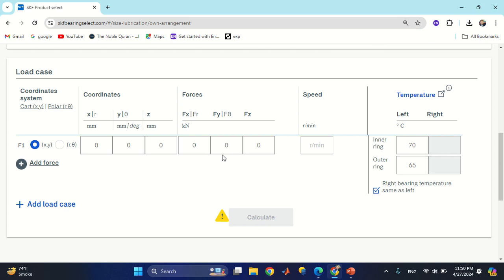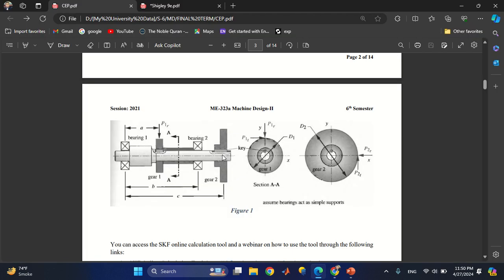While finding the reactions, I used the radial component of force and the tangential component of force on each gear. The radial component of force, P1R, is in the negative y direction.